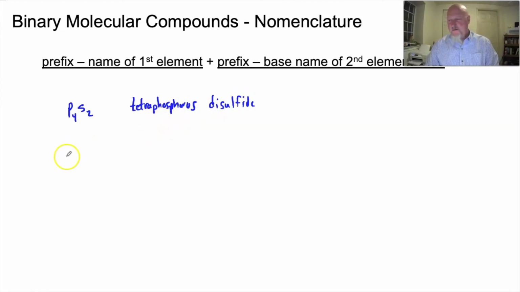So what about SCl4? Okay, we're naming these. So that's sulfur, and there's only one of them, but we don't put mono in front of the first element. So sulfur, and 4 is tetra, and that's chlorine, so it would be tetrachloride.